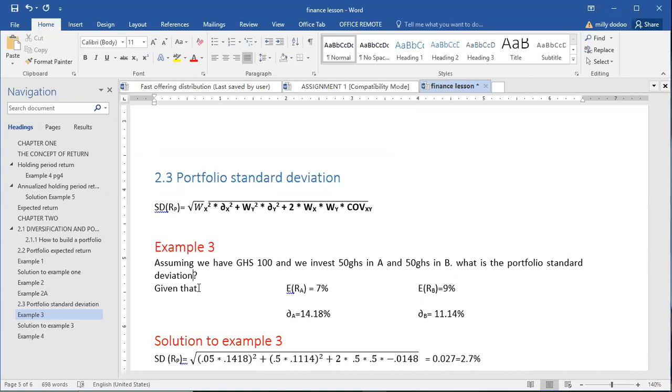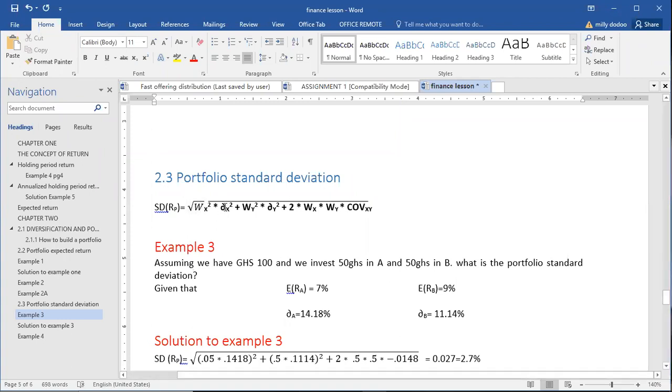Now, to get your portfolio standard deviation, it is equal to the weight of X, or the weight of investment A, squared, multiplied by the standard deviation.